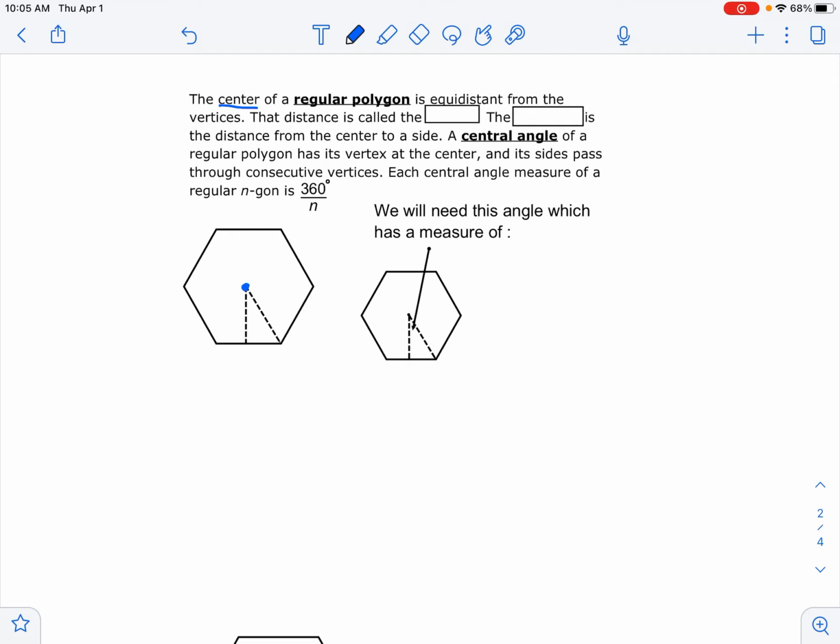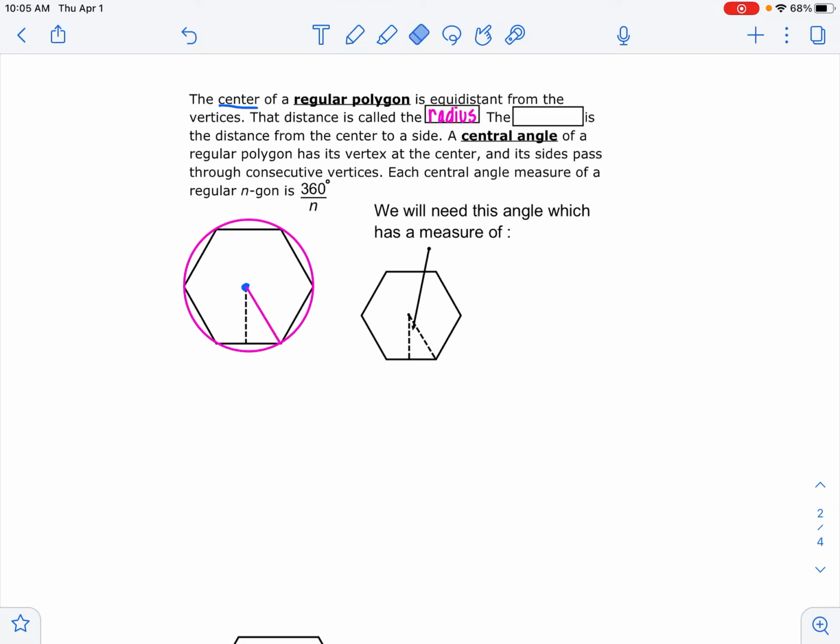Now, the distance from the center to any vertex, let me change colors here, that distance right there is called the radius. Just like if it wasn't a circle. So if I tried connecting all of these points right here, you would see that's a circle, and you could see that that is the radius, right?